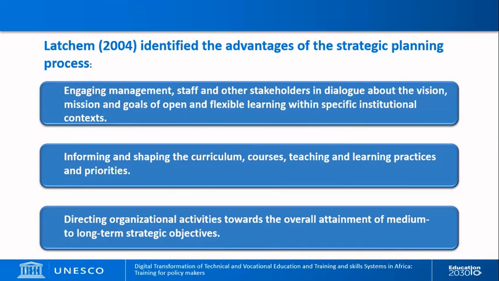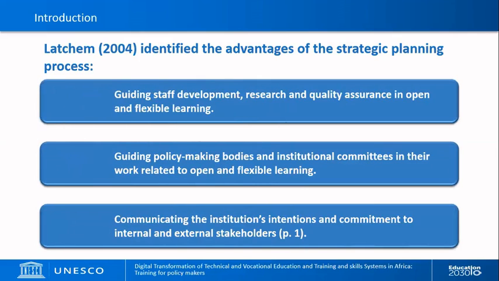Directing organizational activities towards the overall attainment of medium to long-term strategic objectives. Guiding staff development, research and quality assurance in open and flexible learning. Guiding policy-making bodies and institutional committees in their work related to open and flexible learning. Communicating the institution's intention and commitment to internal and external stakeholders.